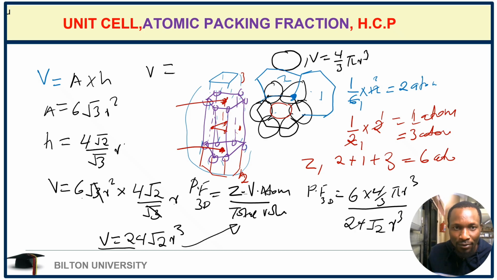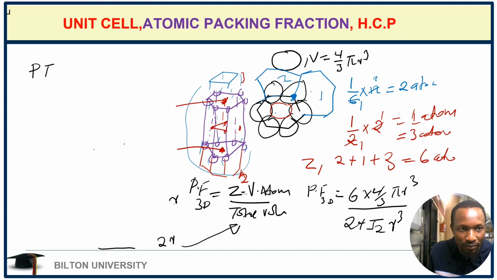So if we proceed, let's write that our packing fraction is given by Z, which is 6 times 4 over 3 pi r cube, divided by 24 root 2 r cube.